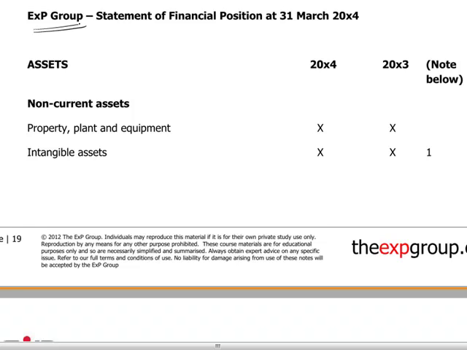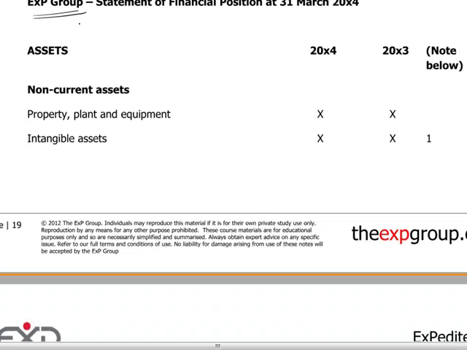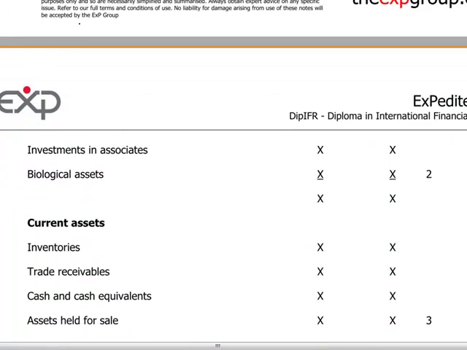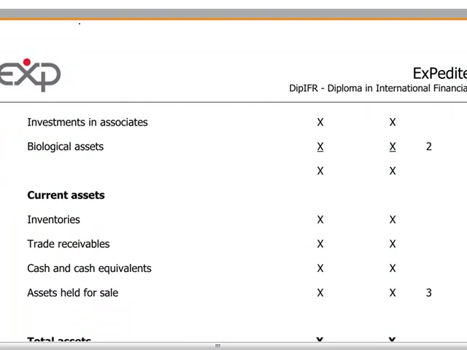That's a list of all the assets and liabilities of a company at a specific point in time, meaning at your year end. It will always start with non-current assets, where we will show property, plant and equipment, intangible assets, any investments that we might have, and biological assets.